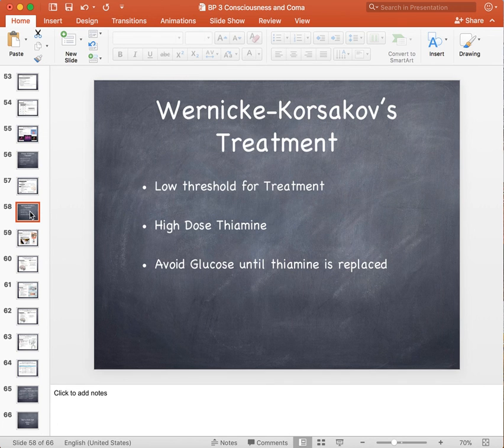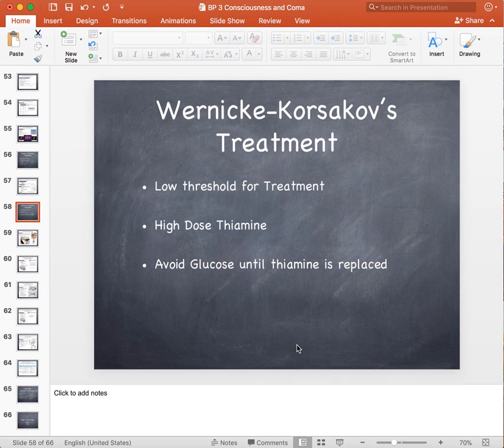How do you treat this? You just have a low threshold for treatment. Give a high dose. I don't think you even need to know what the dose is exactly. Just give it parenterally, give it IV to make sure that it gets absorbed. Now, you want to avoid giving glucose, and the reason for this is that in the Krebs cycle, in numerous different glycolysis pathways, I had to look this up after our last break, thiamine is a cofactor.